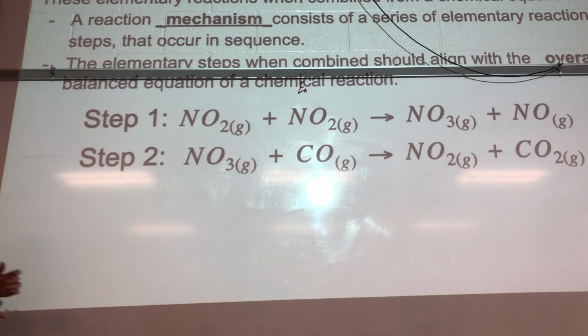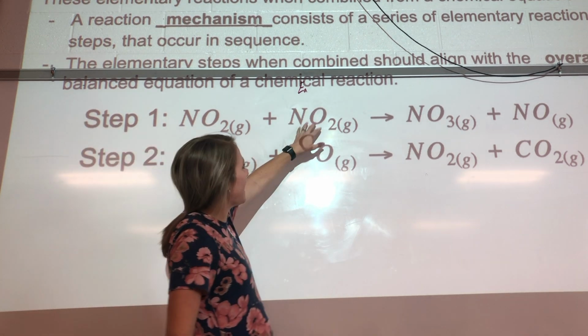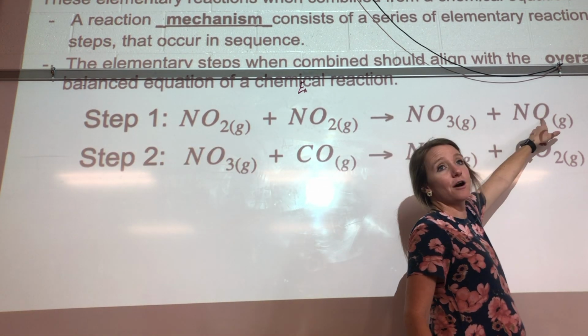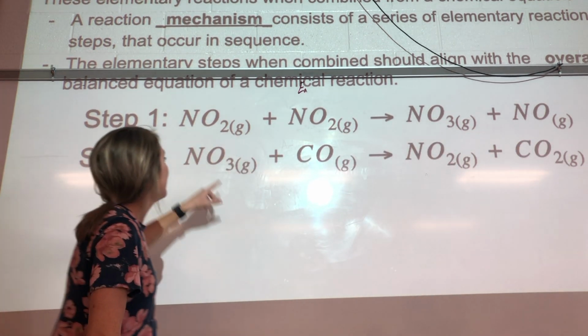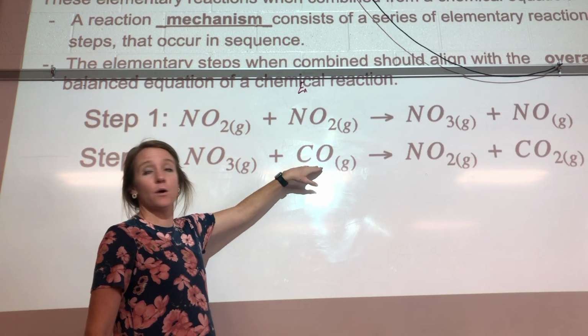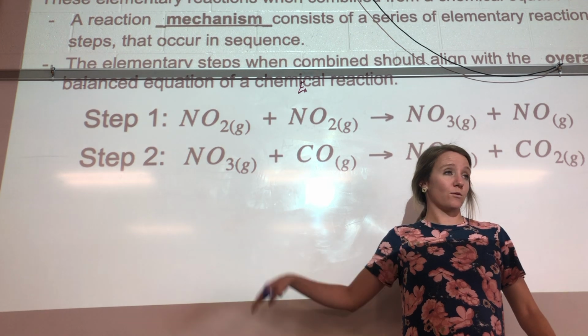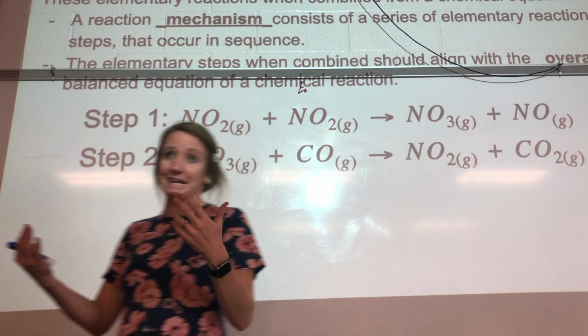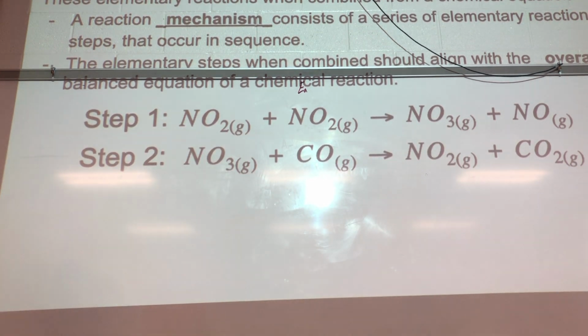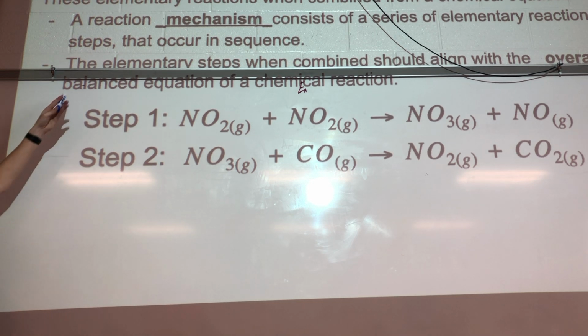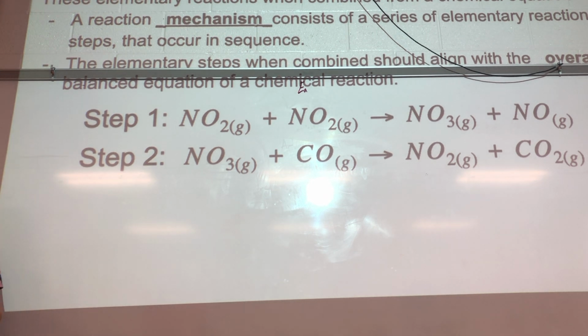For example, in this case, NO2 collides with NO2 and makes NO3 then NO. Then NO3 collides with a CO and makes NO2 and CO2. And you could have 2, 3, 4, 5, however many steps the mechanism takes. If you go and take organic chemistry, you'll learn about mechanisms that are like 20 steps long. But first thing, the mechanism should add up to the overall reaction.